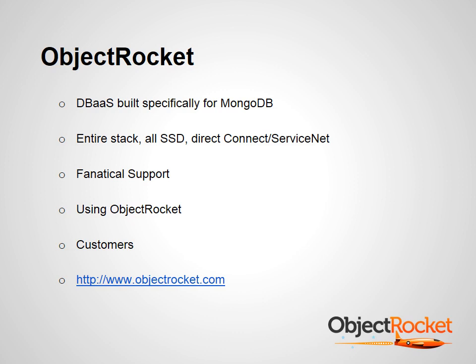You don't need to worry about much more than that. You don't need to think about how do I configure it, what are my config files, what are the various components of the file system or the disk underlying the system. You just don't need to worry about those things. All you need to worry about is just interacting with Mongo like you would on your laptop, except it's on ObjectRocket. It's very fast and highly available.